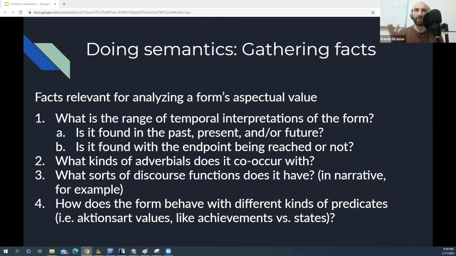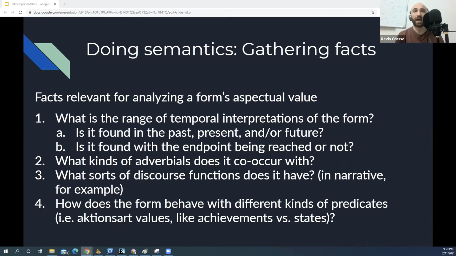So again, this is the kind of adverbials it co-occurs with. And then we have what sorts of discourse functions it has, like in narrative, for example. Some forms are used for sequential types of events, or background events. And there are generally accepted patterns for this cross-linguistically. If you look at a large number of languages, some forms will be more prone to do one thing in narrative, for example, and other forms will be prone to do other things.